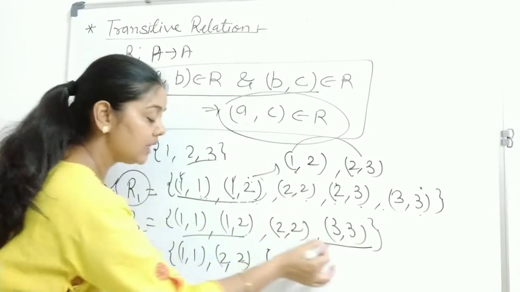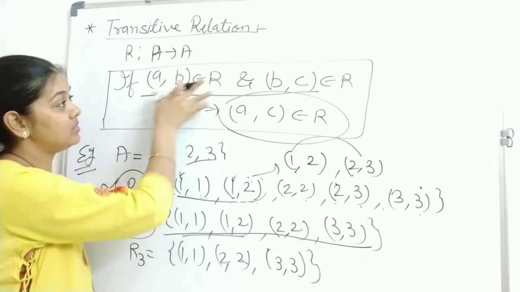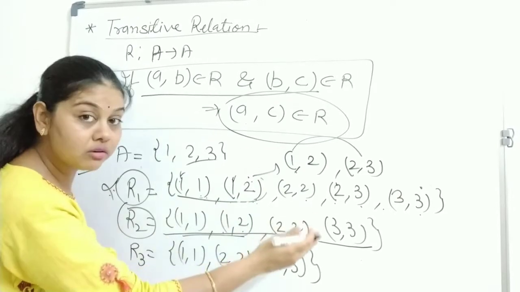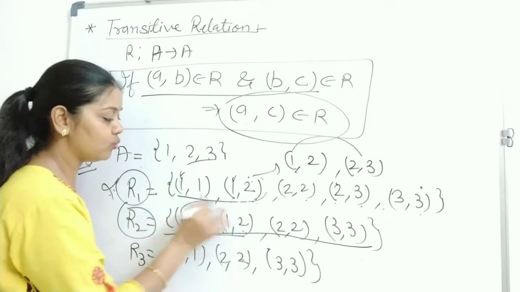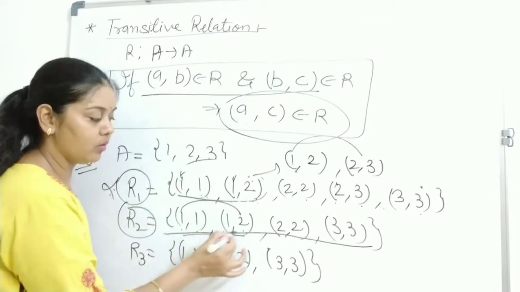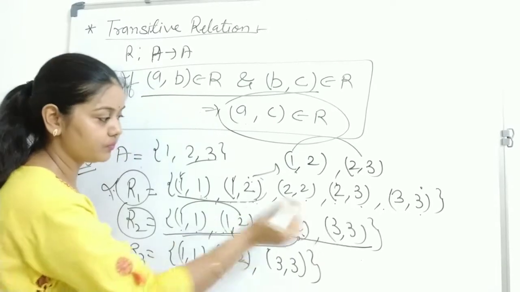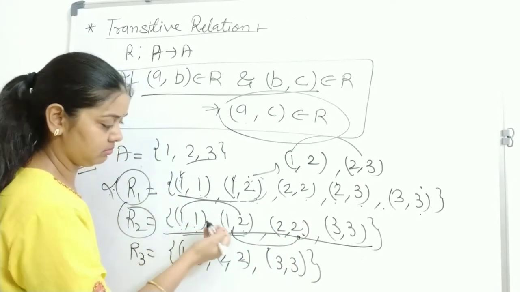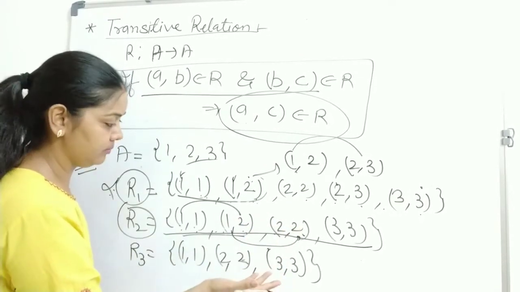So in this relation I do not have the left hand side condition for 2. I have 1, 1 and 1, 2, and I again have 1, 2; 1, 2 and 2, 2, I again have 1, 2; and 1, 1. So that's it, 2 has only this relation.